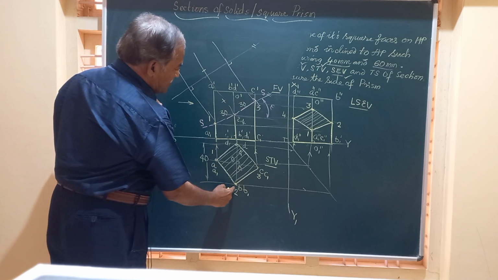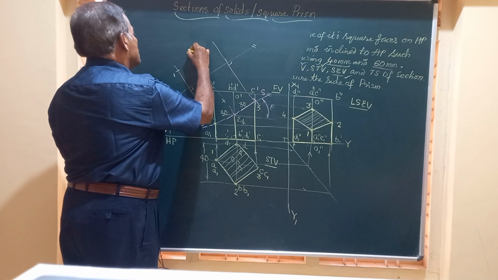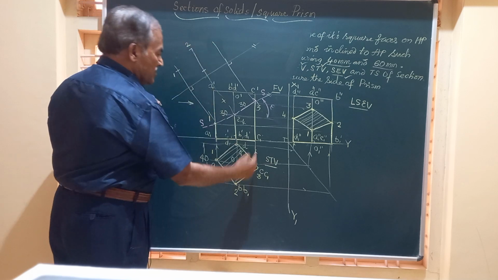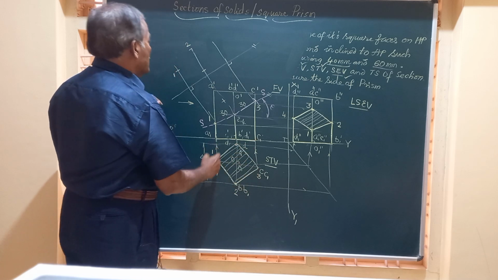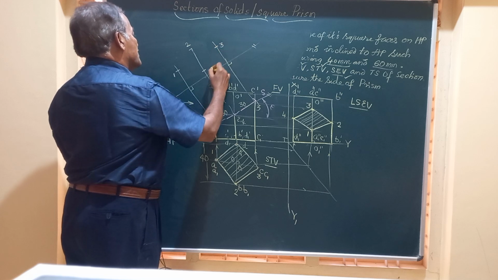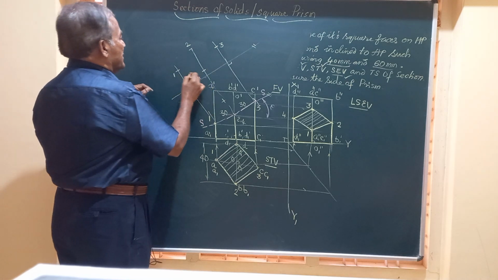And next is 2 on the same line at equal distance. So this is going to be 2. Here 3. Distance of 3 and that of 1 are the same. So you are going to get point 3. This is point number 4. So friends, we will join all these by straight lines.